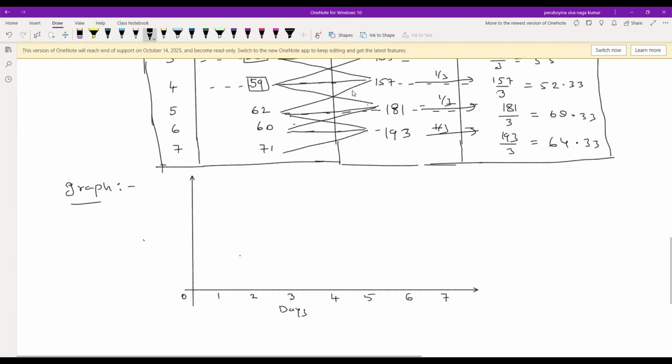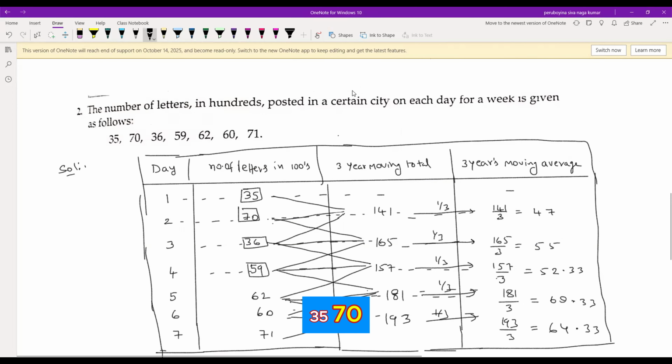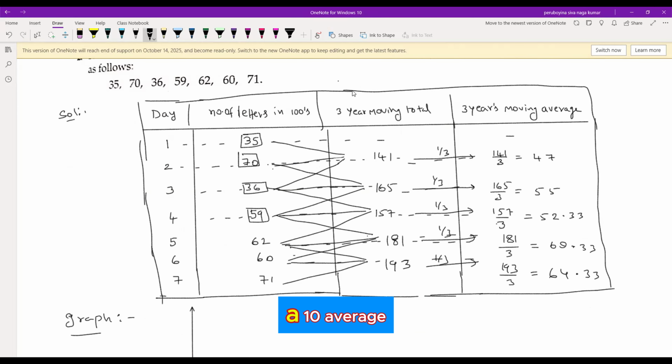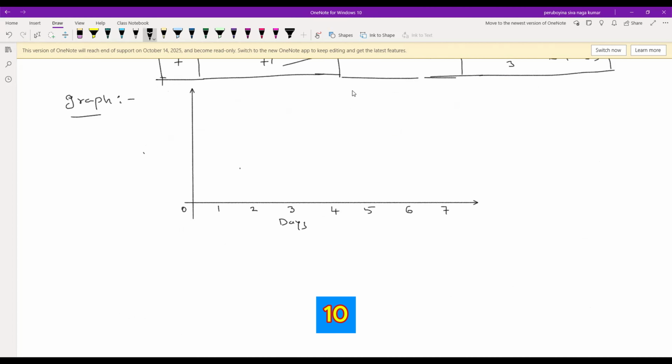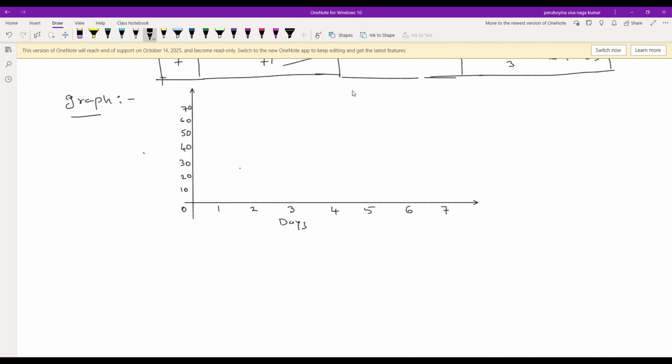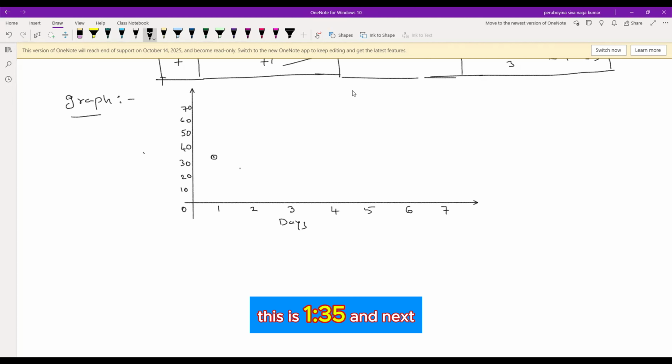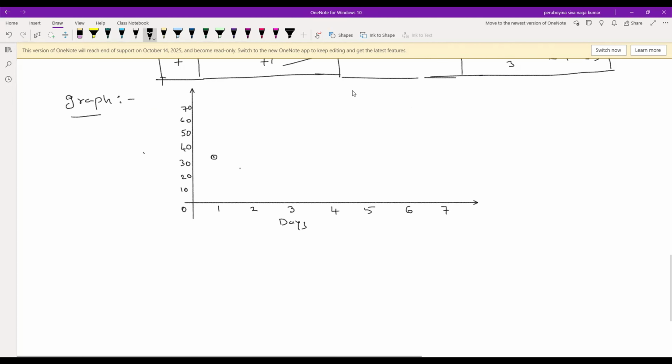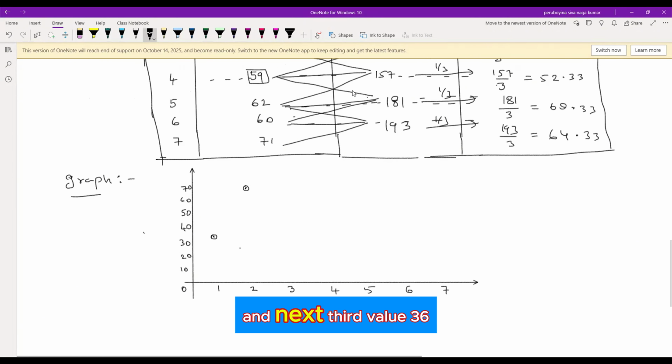So what scale should be taken? You can take 10 as the average: 10, 20, 30, 40, 50, 60, 70. The first number is 35. And next 70. And next, the third value 36.